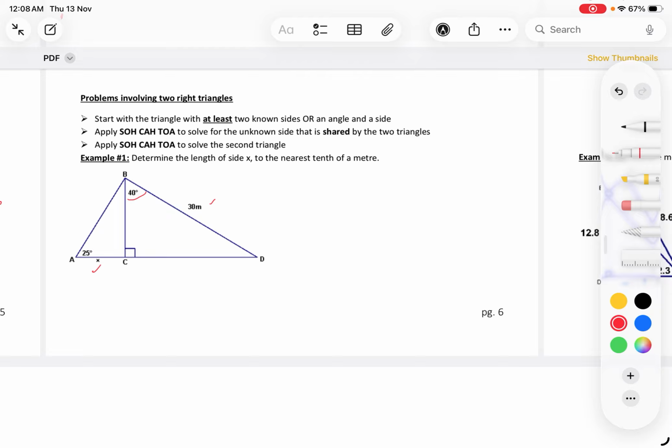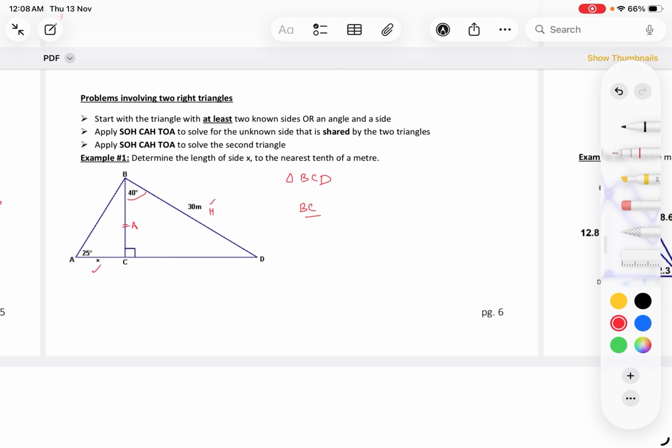So here the catch is that we have to see which is the common side between the two triangles. The common side here is BC. So first of all, I will find BC using triangle BCD. BC is the adjacent side and this is the hypotenuse, right?